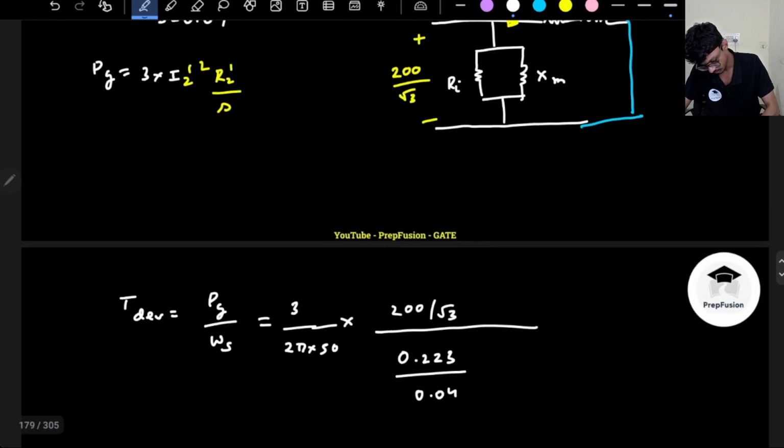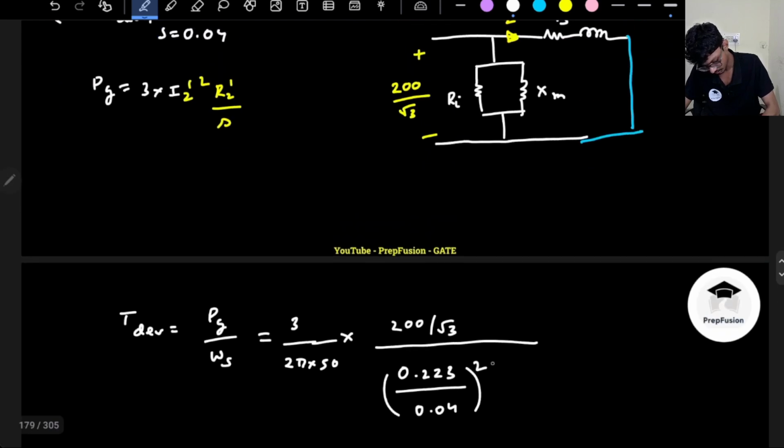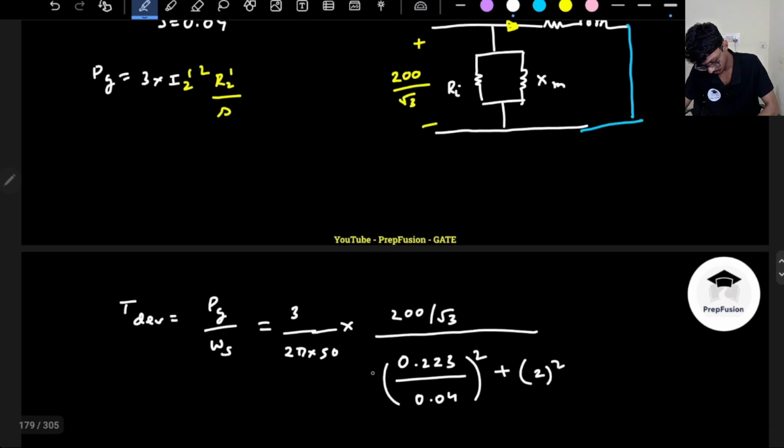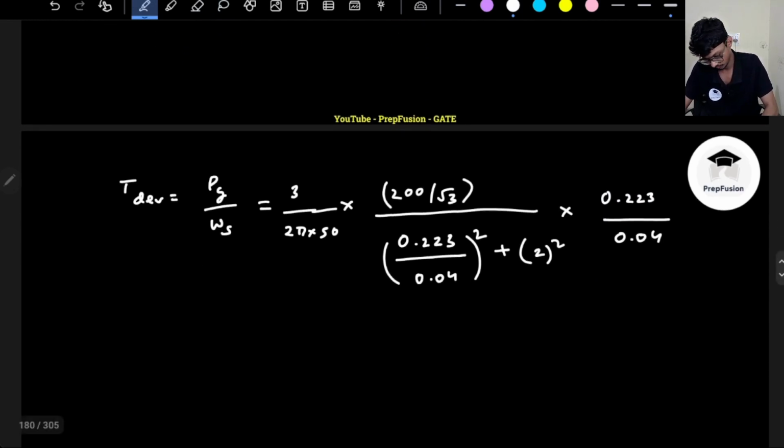R2 dash by S whole square plus X2 dash. X2 dash is 2 whole square, right? And this will be whole squared basically. And this is R2 dash divided by 0.04.